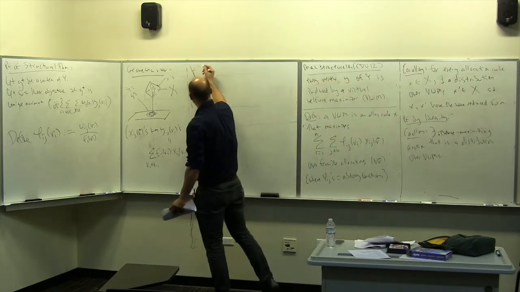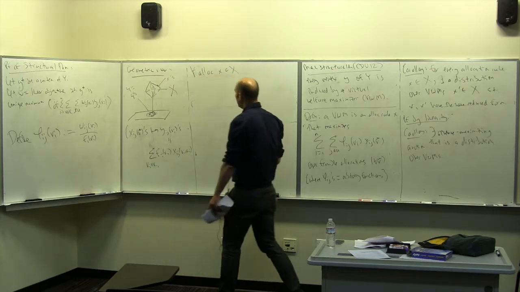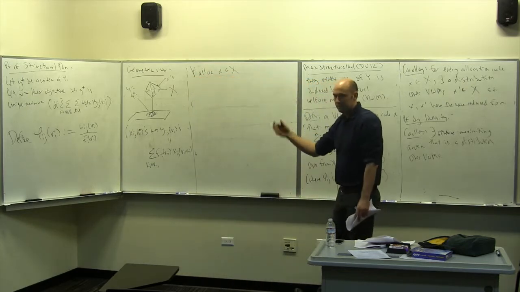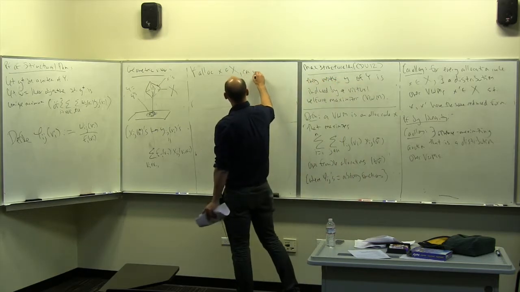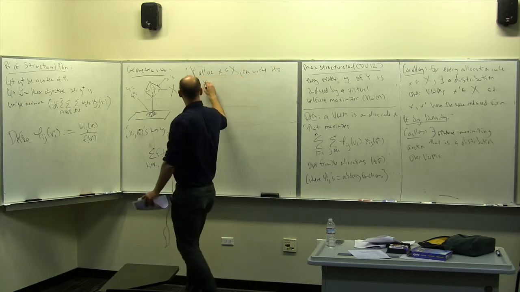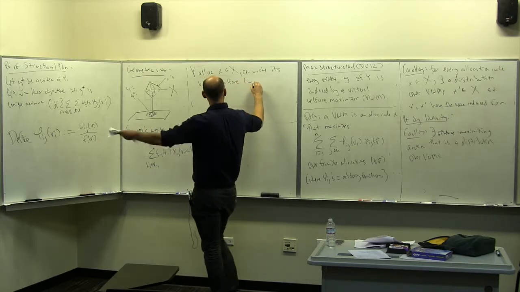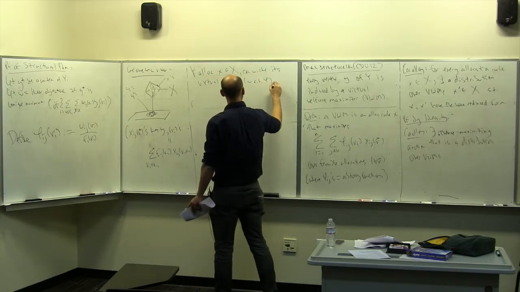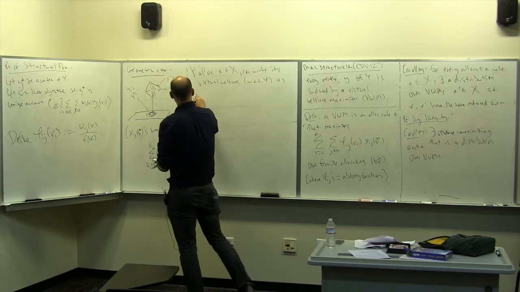But the claim is, for every allocation rule x, whether it's explicitly maximizing with respect to phi or not, we can write its virtual welfare, with respect to this choice of phi, as follows.